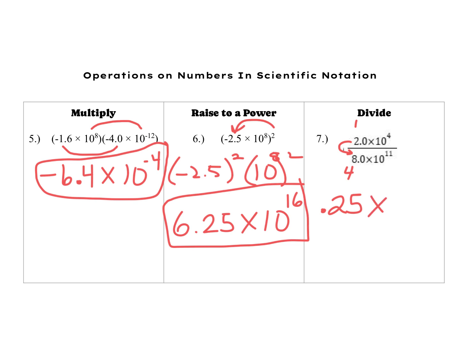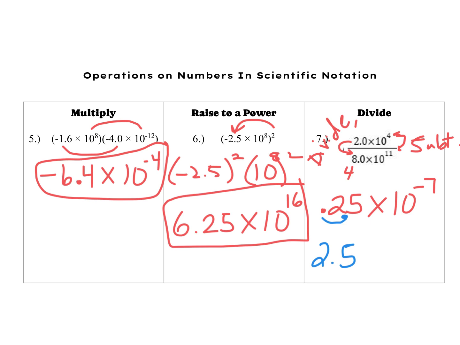Then you take your exponents here and you subtract them, okay? So here we divide and then our exponents we subtract. 4 minus 11 is -7. So you get 10 to the -7th. Now, this is not in scientific notation, so we are going to adjust it. So we need to move this decimal point to the right 1 to make it 2.5.